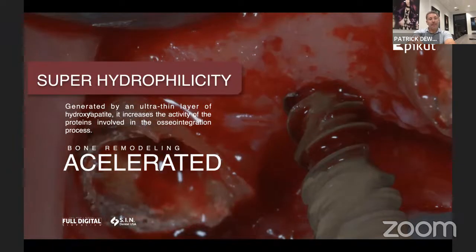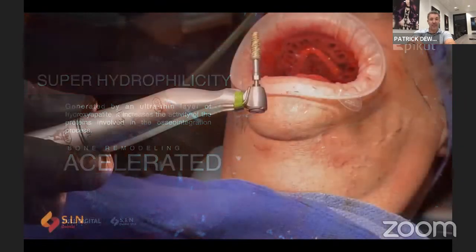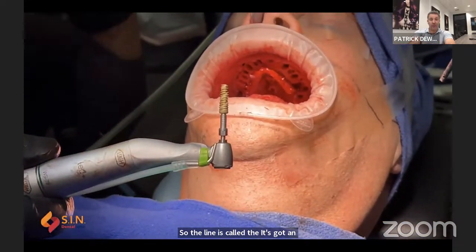The line is called the EpiCut S Plus. It's got an HA nano surface, hence the gold hue to it.